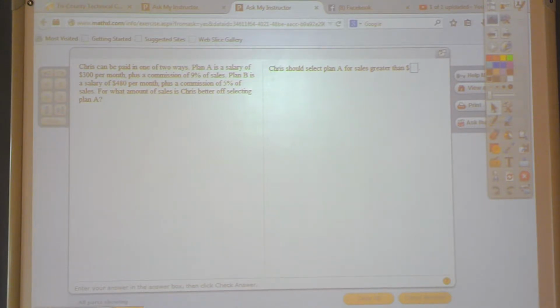For what amount of sales is Chris better off selecting Plan A? So where is Plan A greater than Plan B? Now, better off, does that mean equal to, or does that mean more than? More than. So you're going to use greater than instead of greater than or equal to. All right, get to work.